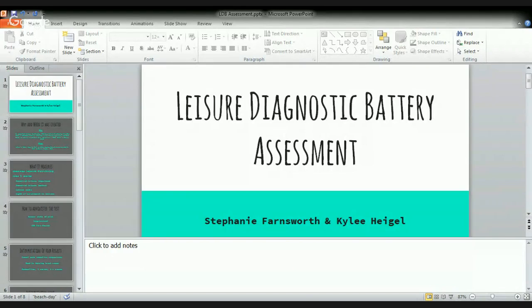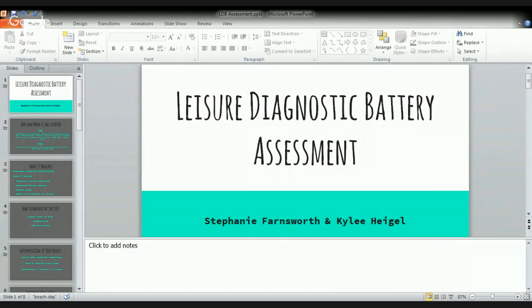Okay, so why and when was this assessment created? Up until this assessment, professionals would use the time and activity approaches, and within these approaches, leisure is viewed objectively as a particular block of time or one of a particular set of activities.